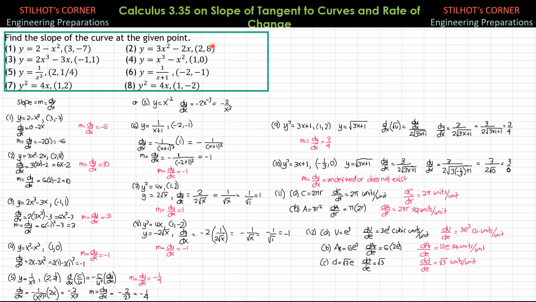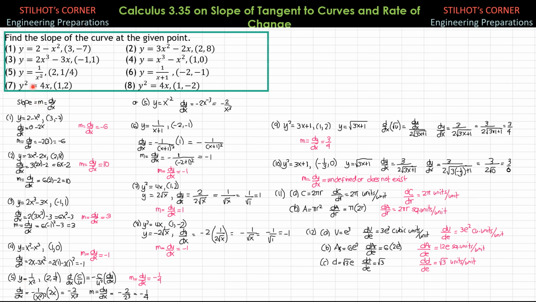You also check the rest. The derivative of x squared minus x cubed is 2x minus 3x squared. So 2 times 1 minus 3 times 1 squared is negative 1. So the slope for problem 4 is negative 1.